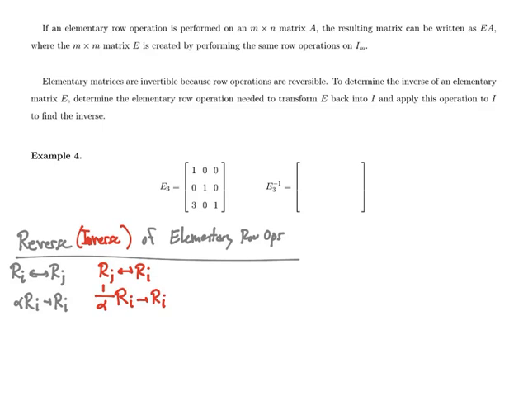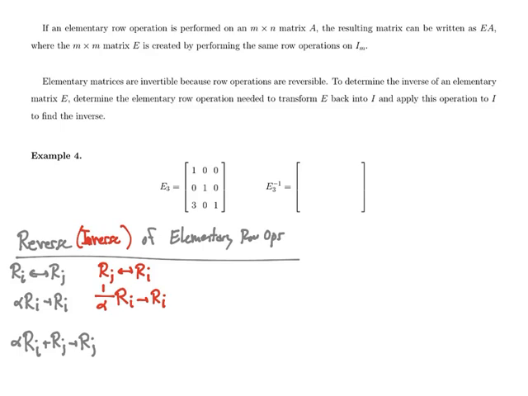And if I take a constant times row I and add it to row J, and that becomes my new row J, we get another reverse operation.